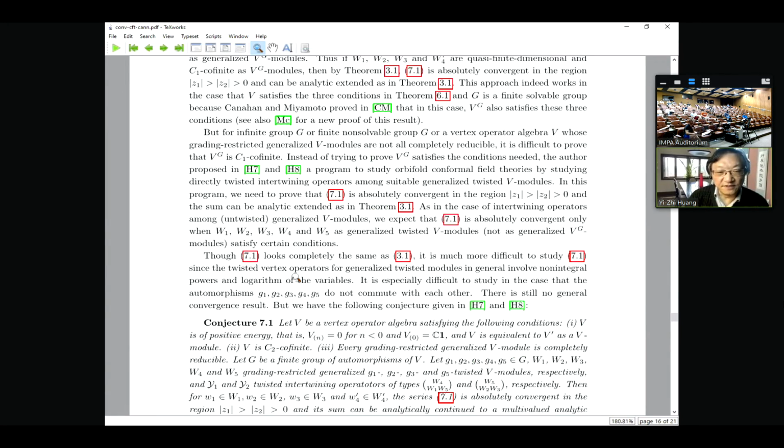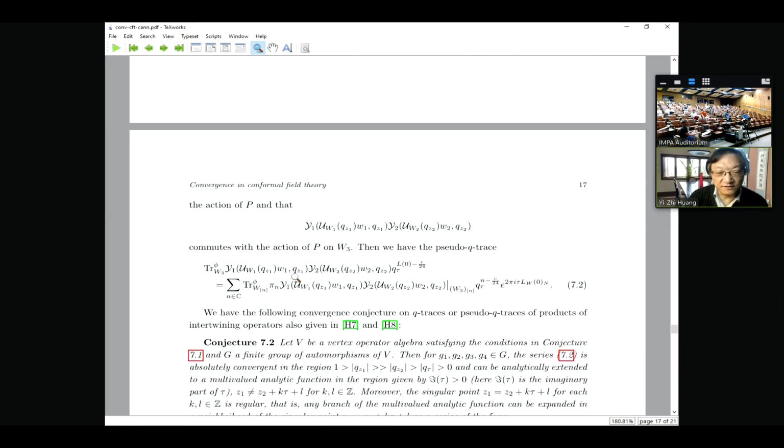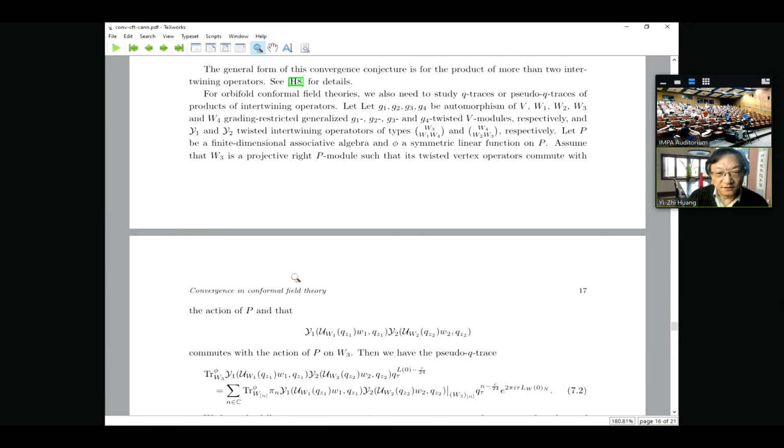The main thing I want to discuss before I go to the next topic is the moonshine module.